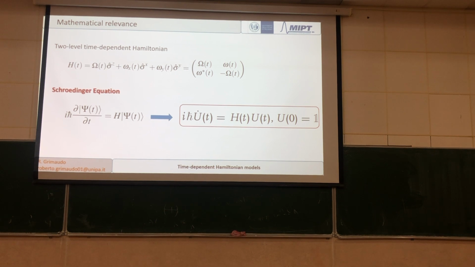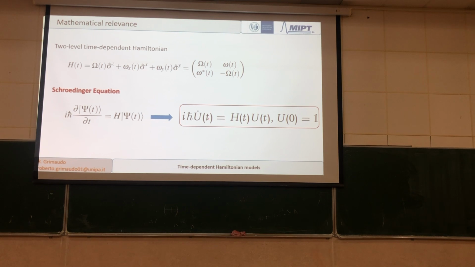In a certain sense, this writing is more general. In what sense? Here, of course, we have to specify an initial condition for psi, so we study the time evolution of a precise initial condition of our system. But in this case, only the Hamiltonian and the time evolution operator of our system appear. So here there is the dynamics of our system, and we do not have to specify the initial condition.